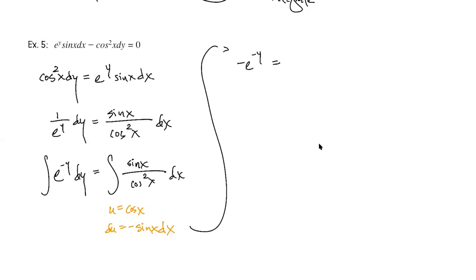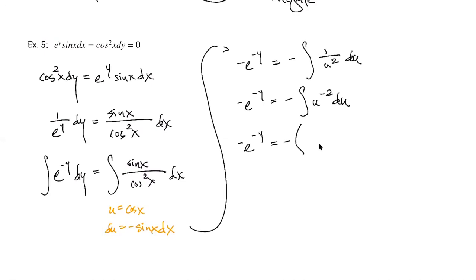And then just to show us this one step, I have negative the integral of 1 over u squared du, which might be easier if we write it as negative the integral of u to the negative 2 du, so that we don't get distracted by u in the denominator and think natural log, but rather we want to use the power rule here. So we get negative e to the negative y equals negative u to the negative 1 plus c.